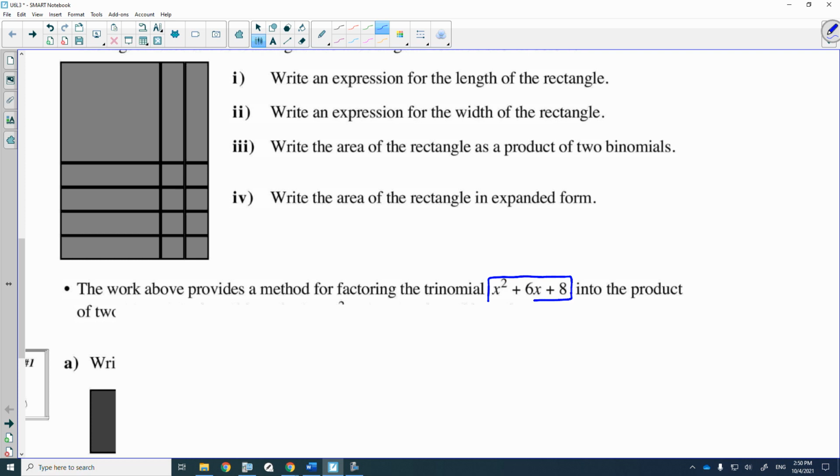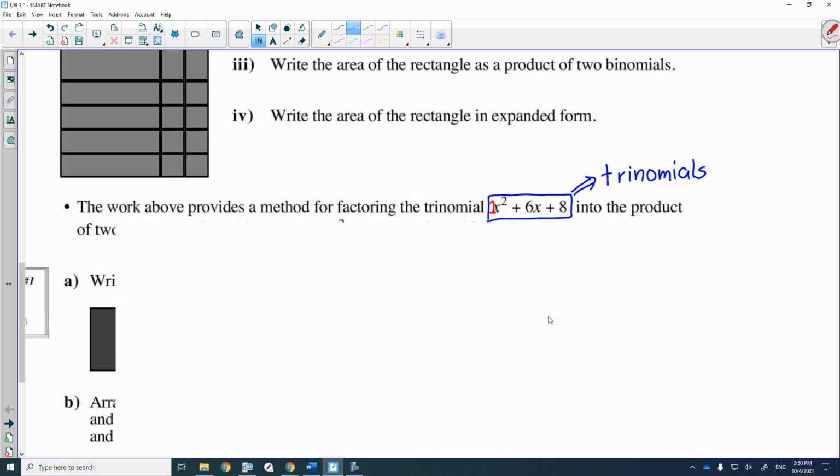What's really important with this type of factoring, with PSA 1, PSA 2, or these inspection questions, is they're always going to be trinomials. The other thing that you need to recognize is the leading coefficient, the invisible number in front of that x squared, is a 1. So that's why I called this question PSA 1.